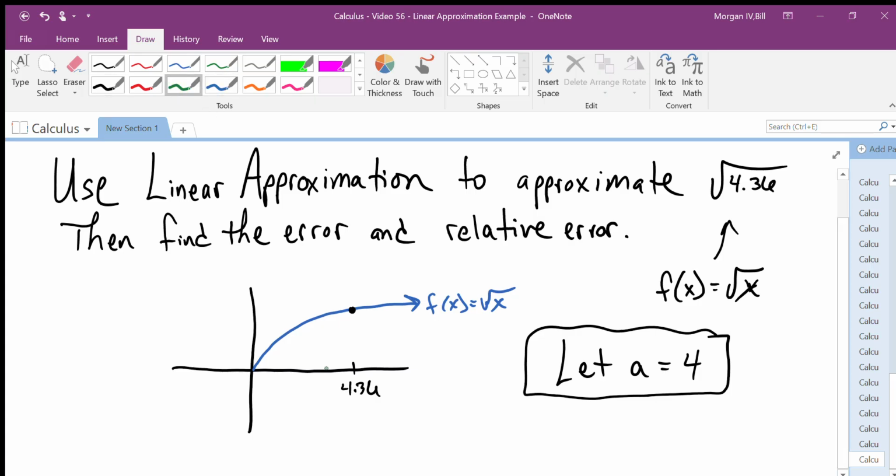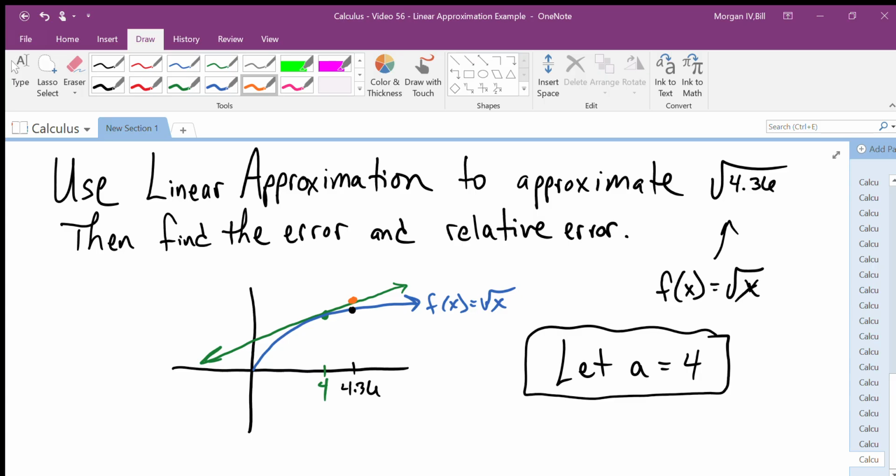So if a is 4, what we're saying here is we're going to find or know the function value at 4. We're going to find the tangent line at that point, and we're going to use that tangent line, evaluating the tangent line at 4.36, this dot in orange there, to estimate the value of the square root of 4.36.